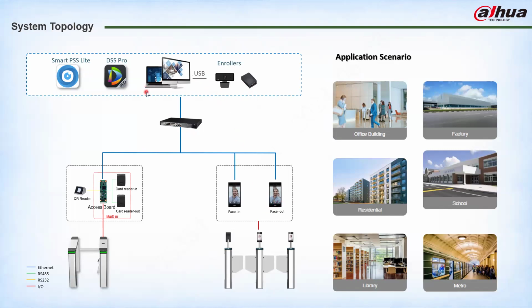So all these devices, or maybe we can say this solution, is applicable to these application scenarios such as the office building. We have factories, residential buildings, schools, libraries, and the metro station.